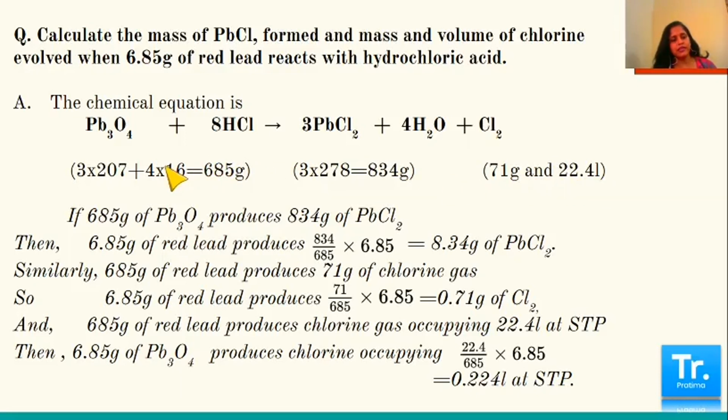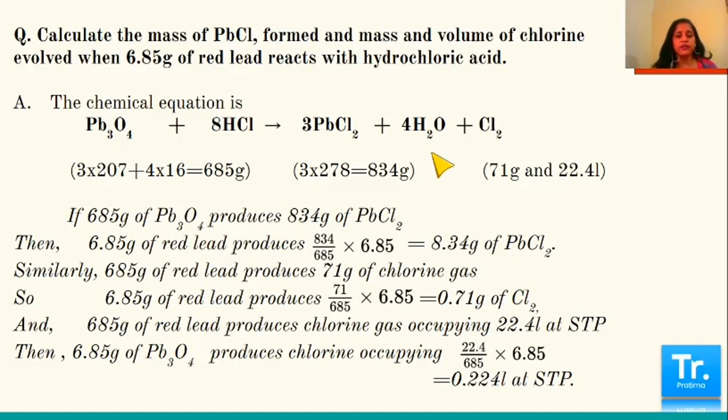So whatever is required will be calculated and written down, each element or compound or gas as asked in the question. This is exactly the way we were doing for Gay-Lussac's law, where we were not calculating all the ratios, only the ones asked in the question.